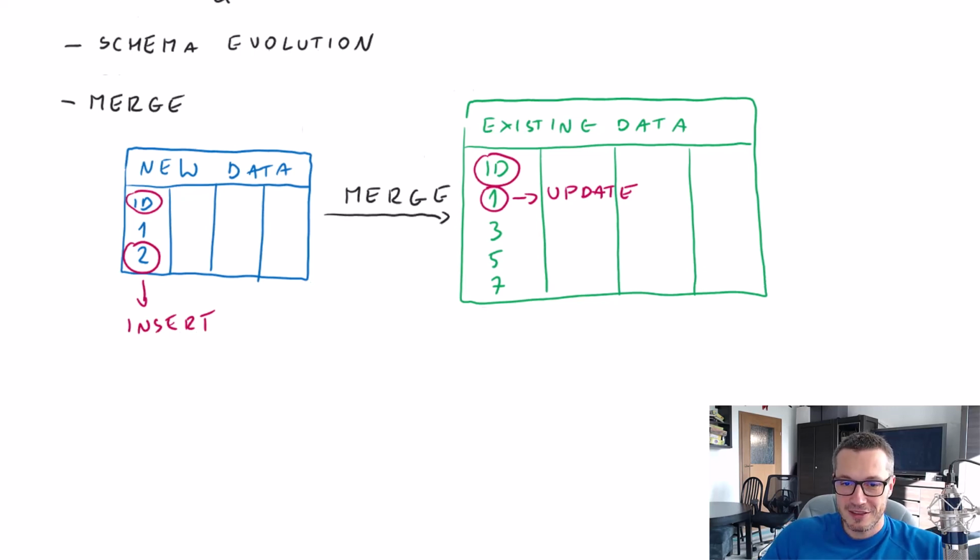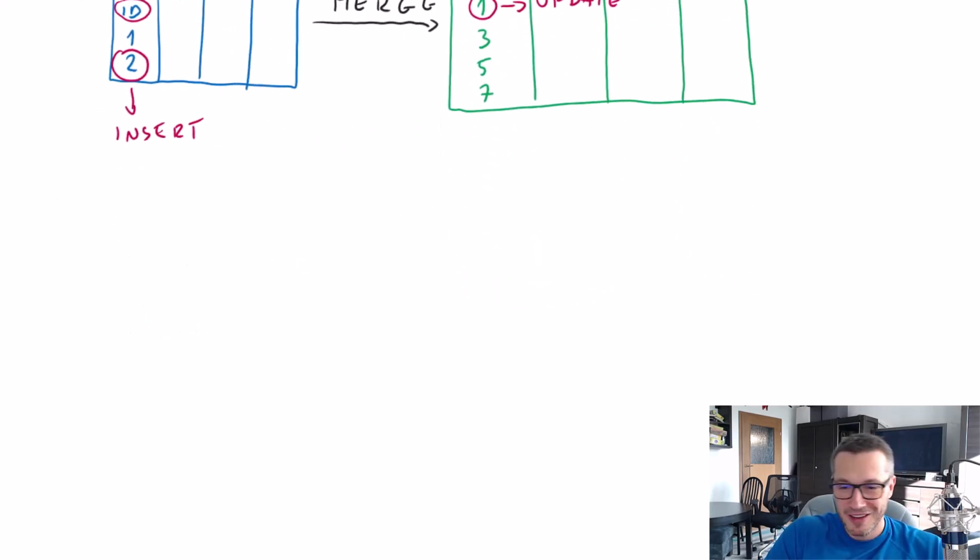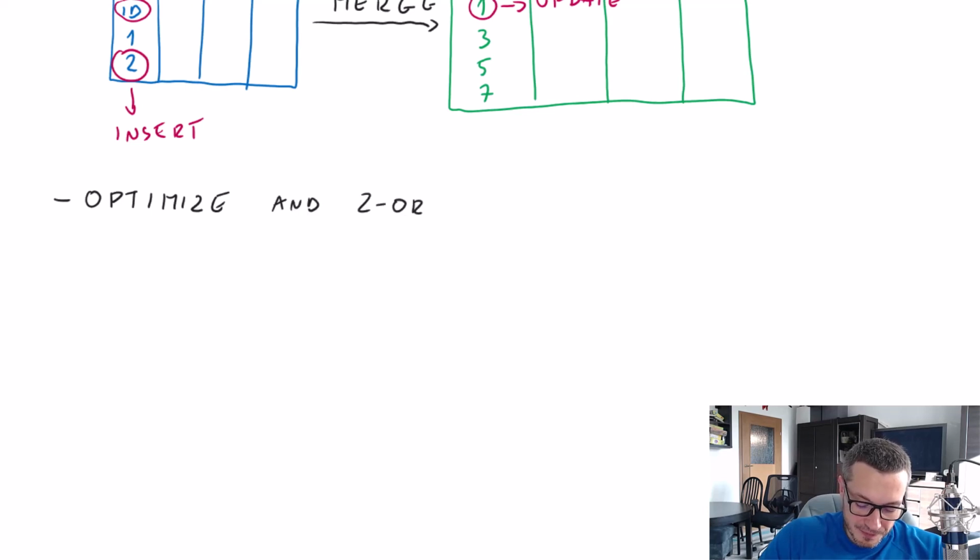All right, let's move on. Yet another cool feature of Delta is that we can optimize it. So there is this optimize command and the order. All right. So basically, when we work with Delta, we might end up with multiple small files.